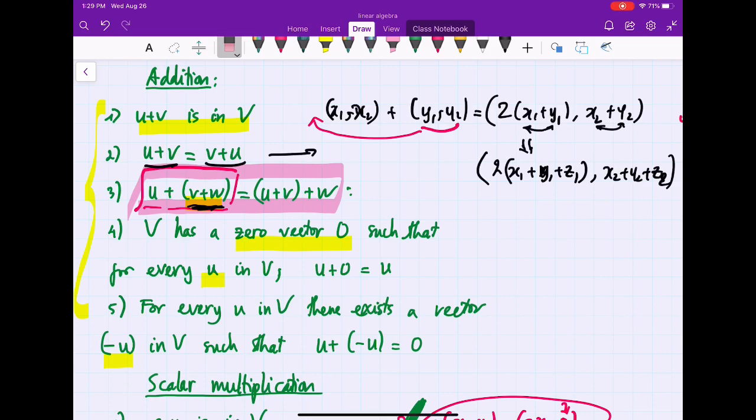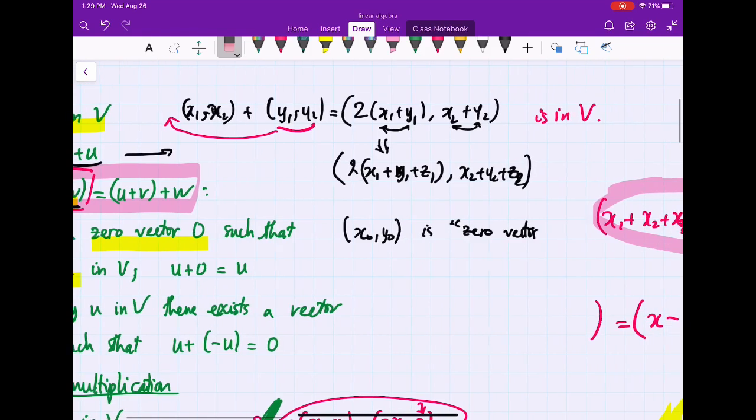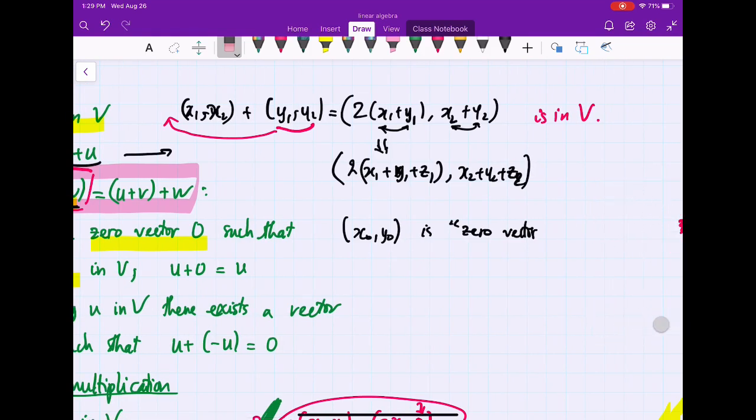We suppose that, I cannot use (0, 0). I just use (x0, y0) as, let's say, the 0 vector. We suppose this is a 0 vector such that the sum of this vector with any vector will be the same, right?